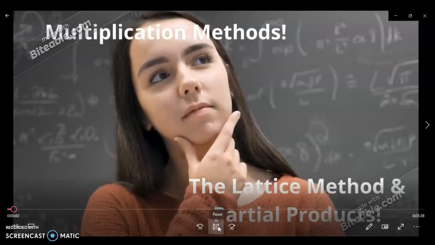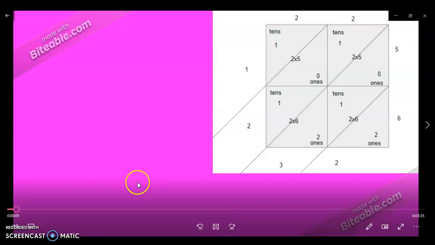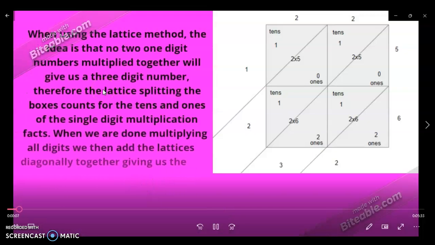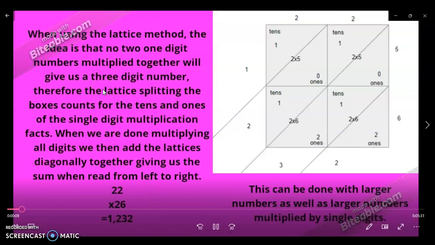Multiplication methods: the lattice method and partial products. When using the lattice method, the idea is that no two one-digit numbers multiplied together will give us a three-digit number. Therefore, the lattice splitting really works here because we get the tens in the top triangle and the ones here.